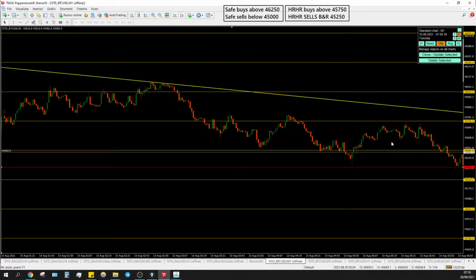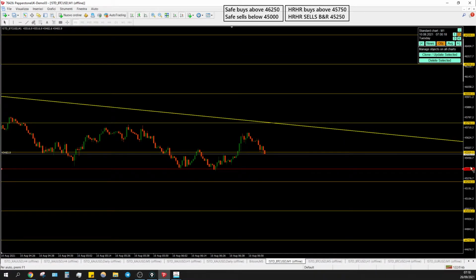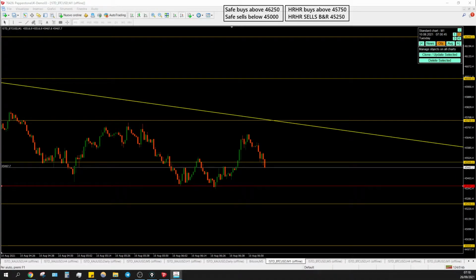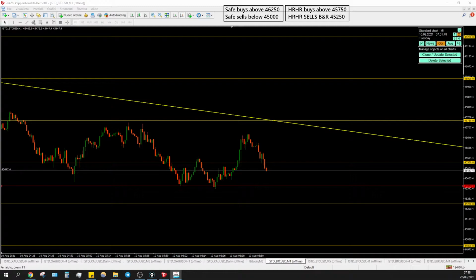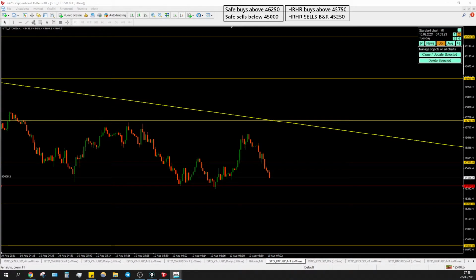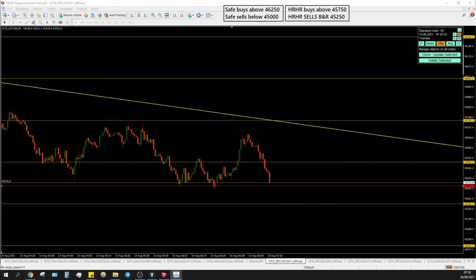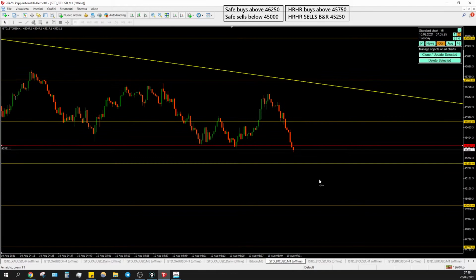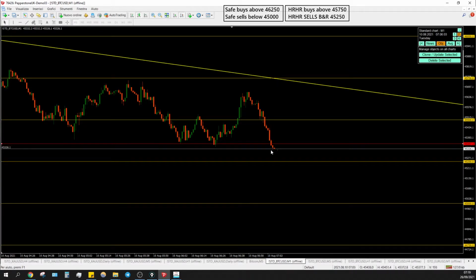Let me zoom in. Okay. This is London open, so there's a bunch of volume coming in. We're seeing price keep pushing down. Let's see the reaction at this previous level. Looks like we're going to break down.